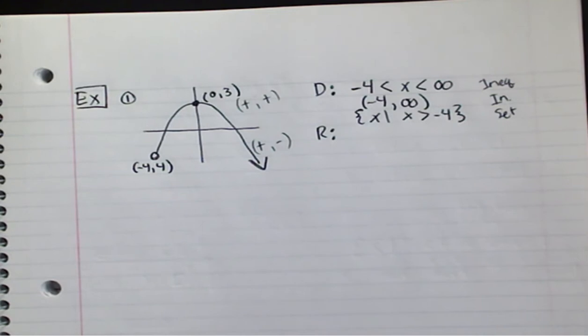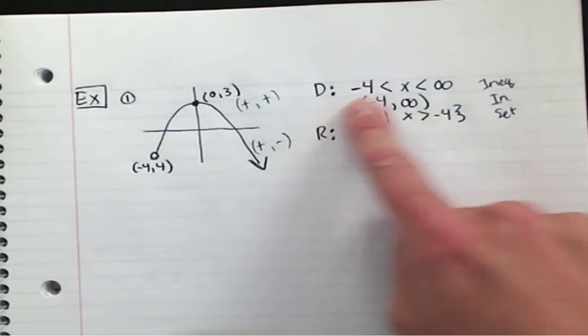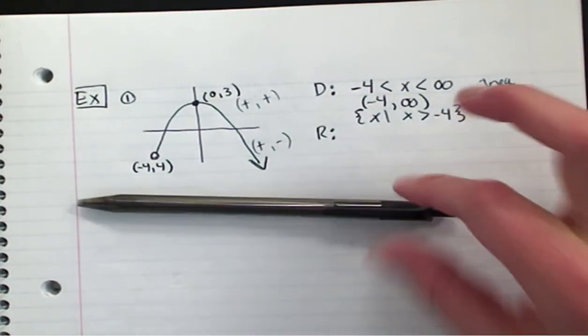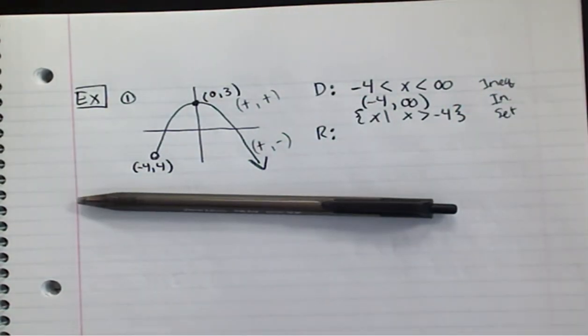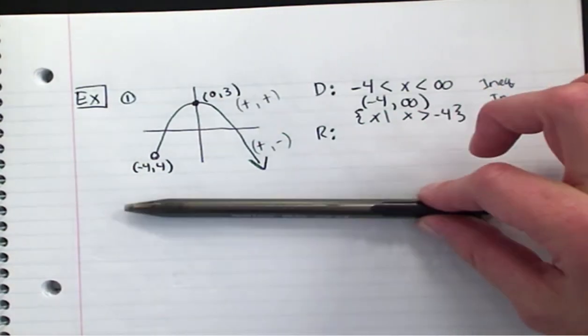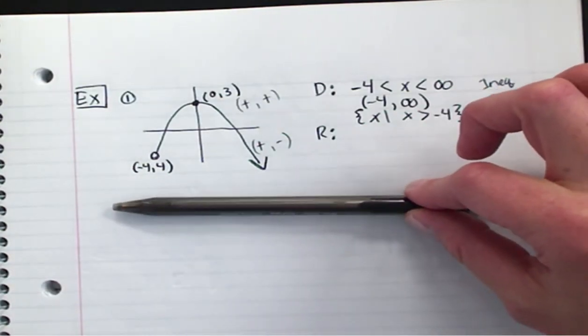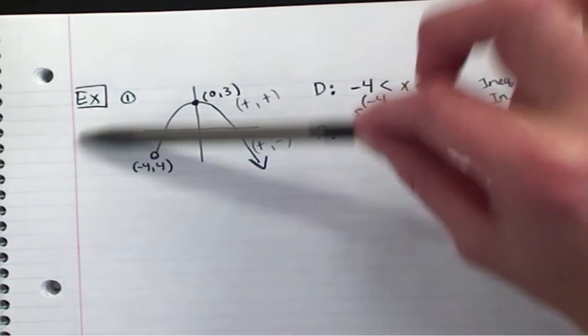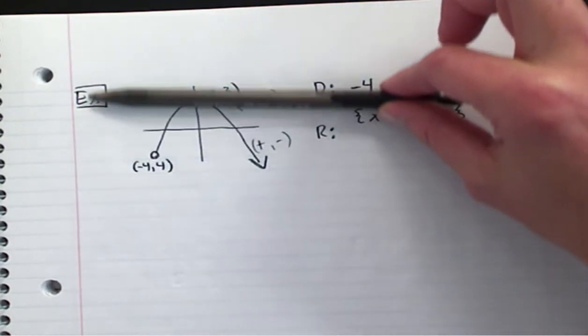Okay. Range. Oh, the horizontal line. The horizontal line is going to do the range. Now we always go negative to positive. So I'm going to start at the bottom of the graph, which is where the negative y coordinates are. Where is the most negative y coordinate as I drag this horizontal line?